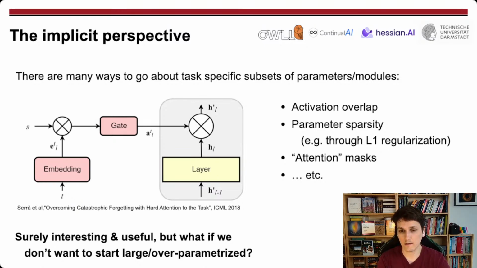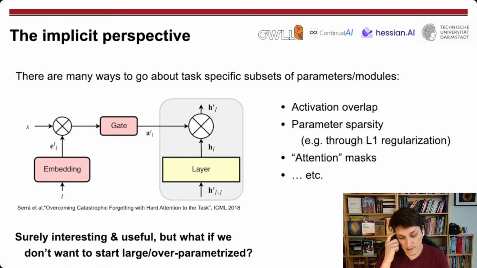But I think the important takeaway, at least for me personally, is that a lot of these methods work quite well in practice and are maybe sort of practical to implement and somewhat intuitive to think about. They're surely interesting, but also the question that kind of is open is, what if we don't actually want to always start with a very large overparameterized model?